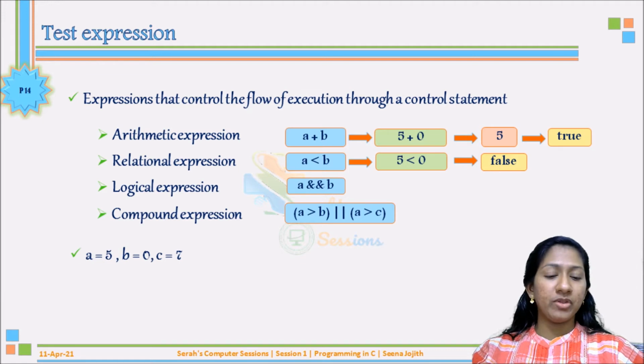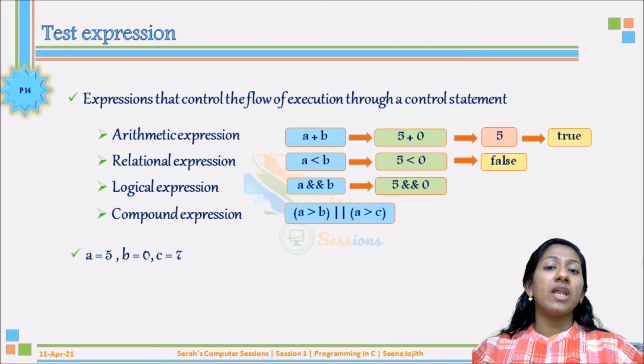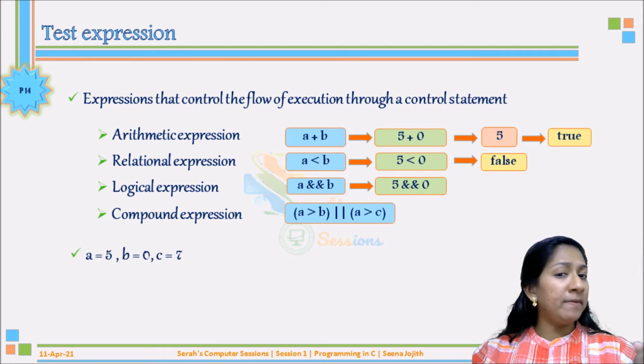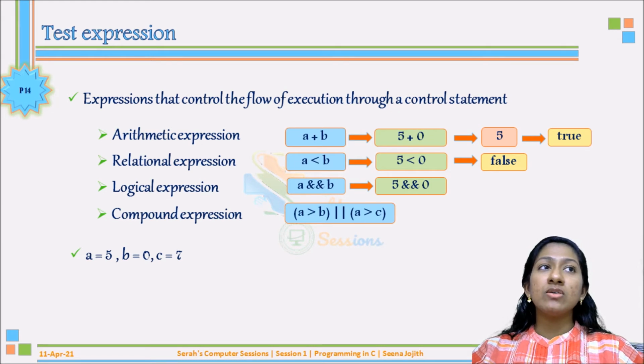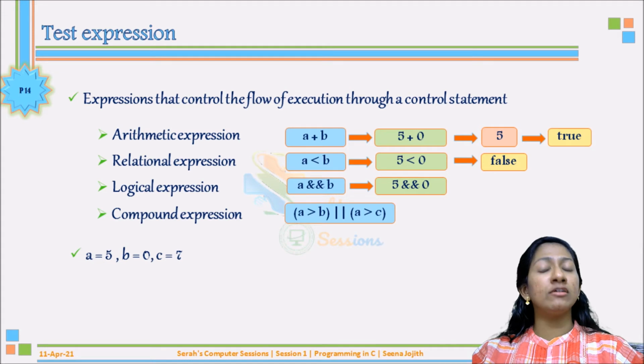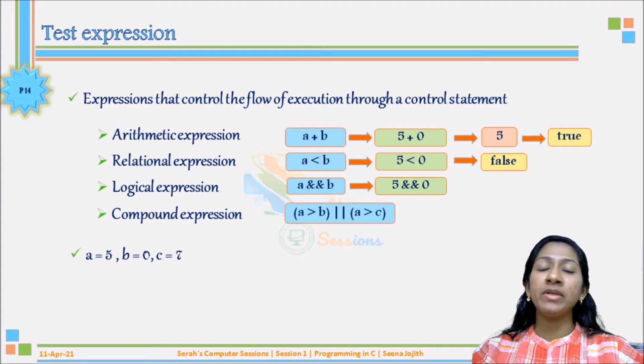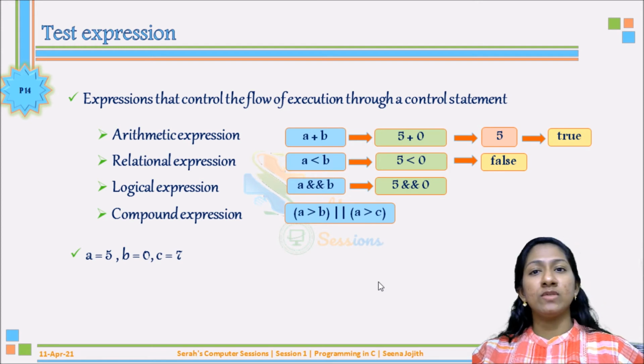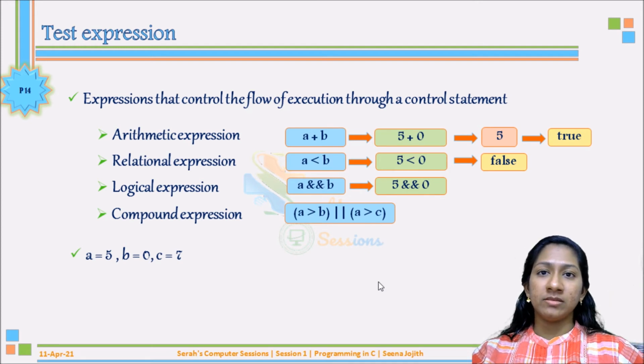Coming to the logical expression, the value of a is 5 and the value of variable b is 0. As I had mentioned earlier, in C programming, the logical AND is represented using the double ampersand symbol, and the logical OR is represented using double lines.